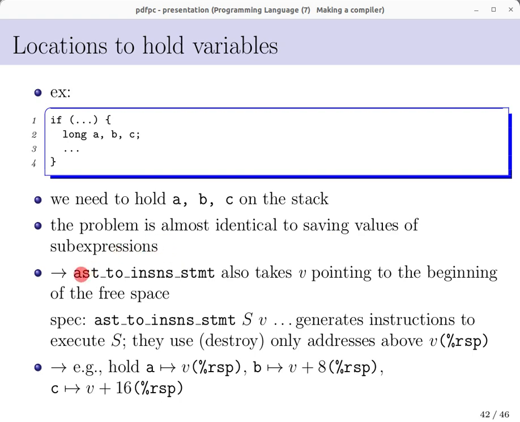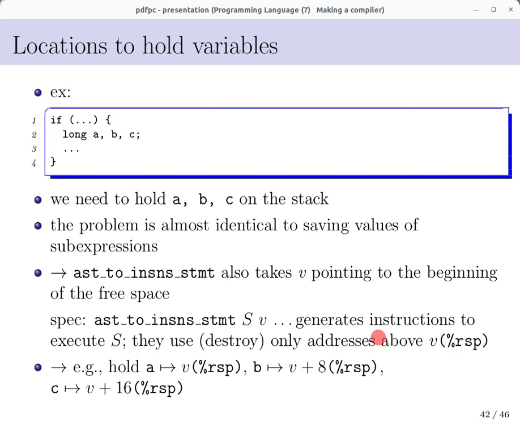So to that end, AST2 instance statement, the code generator for a statement, also takes V pointing to the beginning of the free space, the lowest end of the free space. So the AST2 instance statement given S and V should generate instructions to execute S, only using or destroying addresses above RSP plus V.